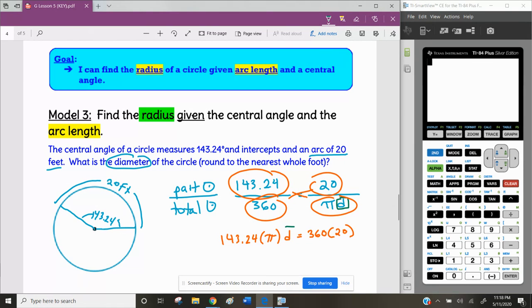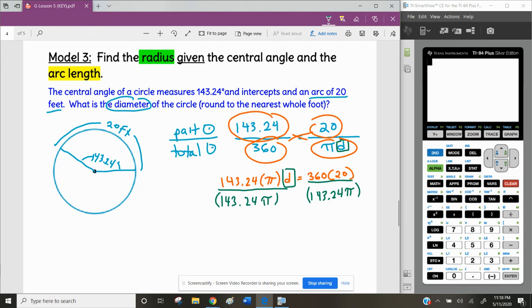We want the diameter by itself, so I'm going to divide by 143.24 times pi, and I'm going to put that in parentheses because when I put it in my calculator, remember, your calculator is going to do order of operations, so if you don't put it in parentheses, it's only going to divide them by the 143.24 or the pi, depending on which one you put in first.